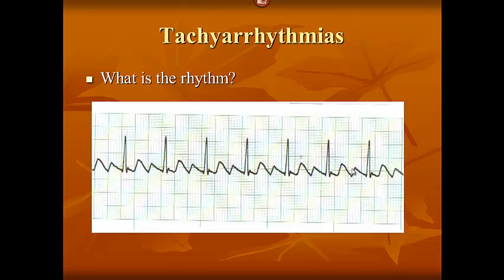Now it does produce a sawtooth pattern of the P waves, and that is one of the main characteristics of atrial flutter. You can see here this sawtooth pattern.